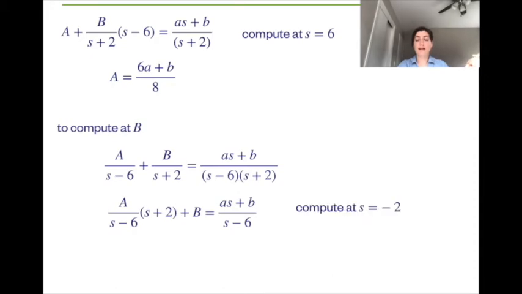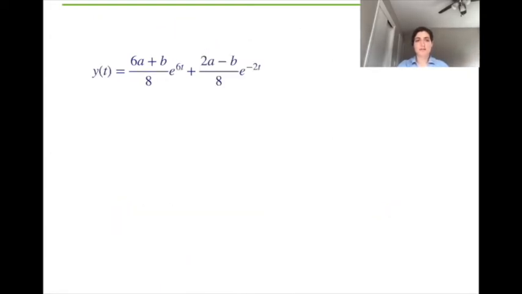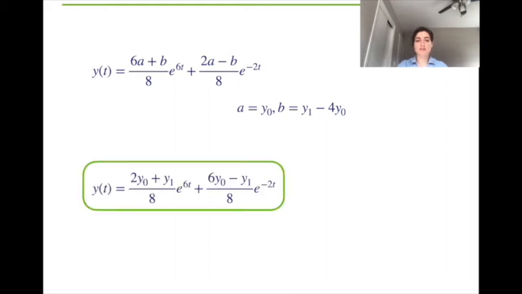We compute it at S equals minus 2, the root of the denominator of B. And here we have an explicit formula for B. So here's our final solution, except that A and B were defined based on the boundary conditions. So here it is, an explicit formulation based on the boundary conditions that we have introduced.